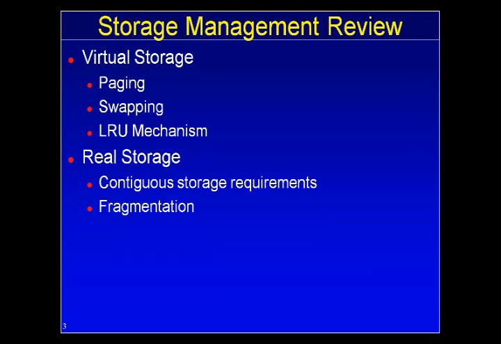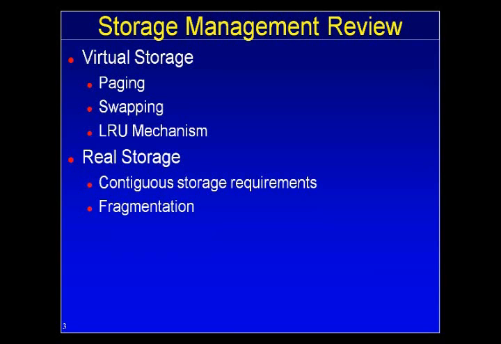The other was that we could create a virtual map whereby the application saw itself as running in contiguous storage, despite the fact that it could be backed by real storage frames scattered all over the place. So the application could continue to run as if it were running in a contiguous chunk of memory, and at the same time free up some of that real storage by keeping the unreferenced pages, presumably, on disk.